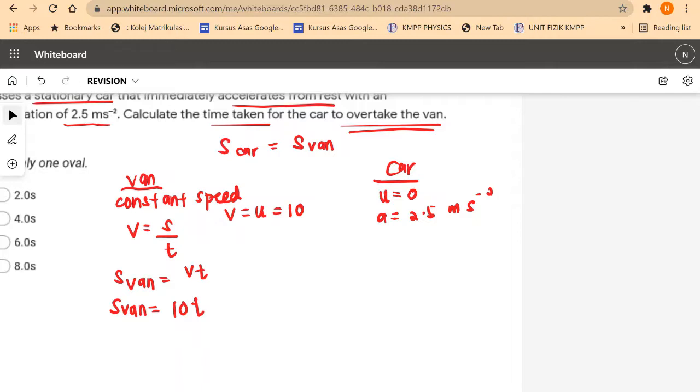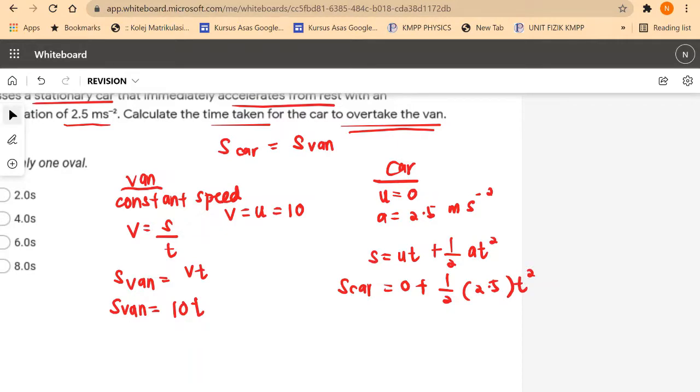Perhaps you can use this: S equals ut plus half at squared. So S car, the displacement of the car, equals the initial velocity of the car, which is 0, plus half times the acceleration of the car, 2.5, times t squared.